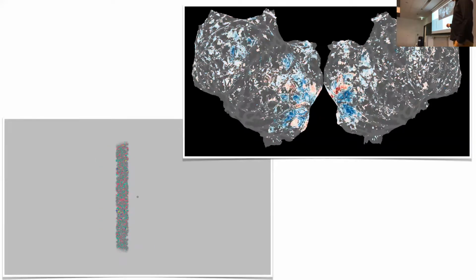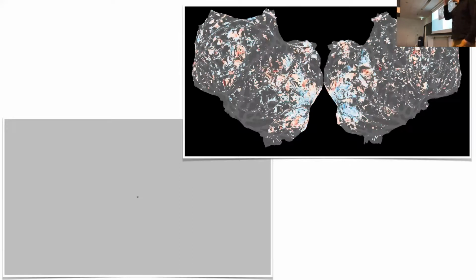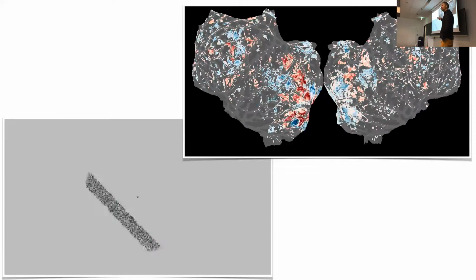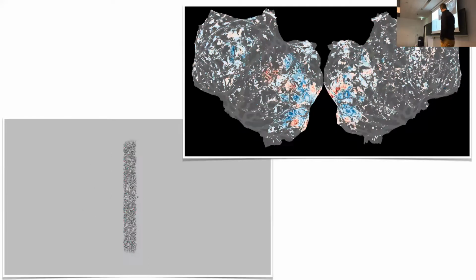We ask people to fixate in the center, and we show this very busy, very strong stimulus passing through the screen. Then, of course, the question is what activations did this cause, right?